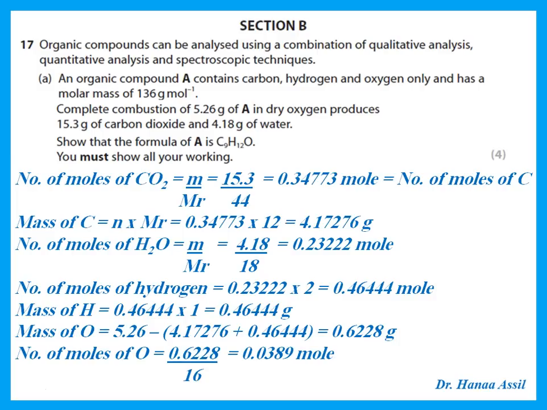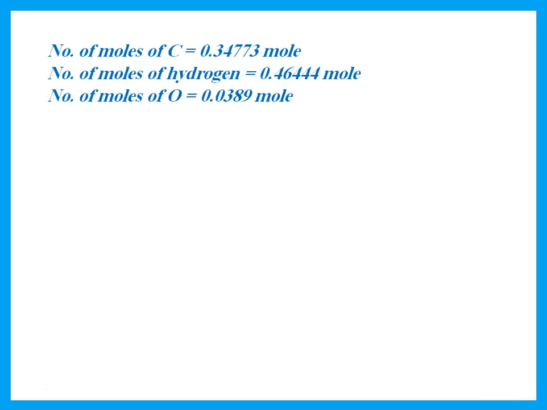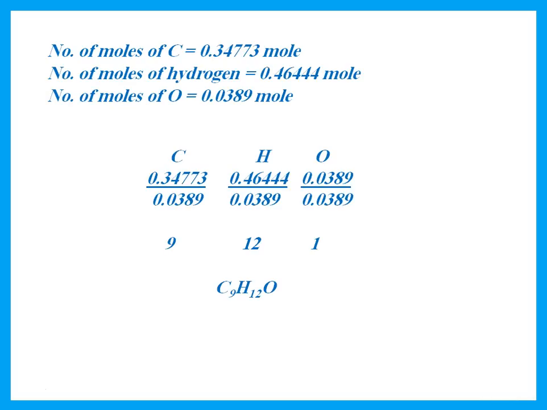Number of moles would be the mass over the atomic mass. I now have the number of moles of carbon, hydrogen, and oxygen. I can divide by the smallest to simplify the ratios, and that ends up with C9H12O.